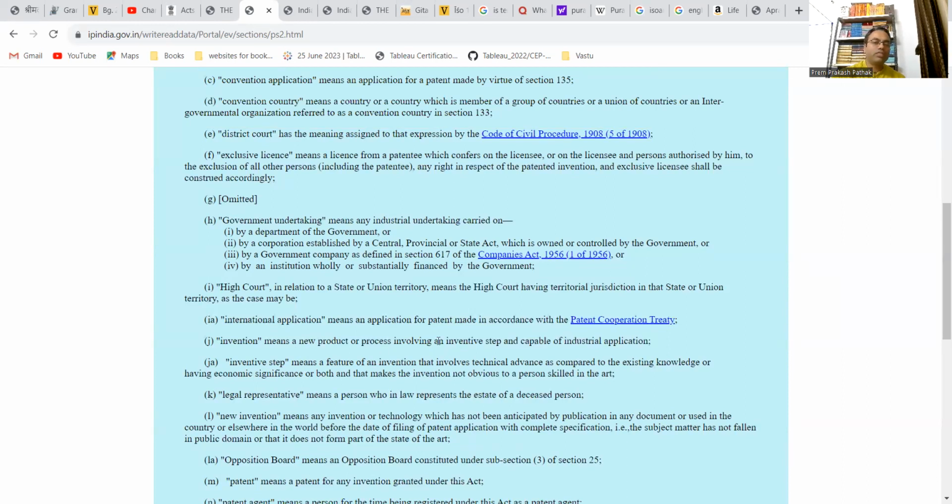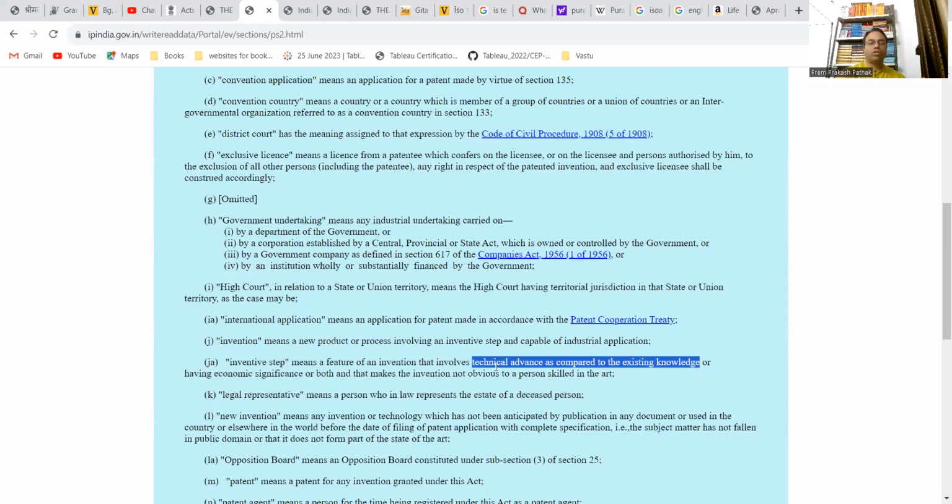And here it mentions inventive step, which is again defined in JA. Inventive step means a feature of an invention that involves technical advance as compared to the existing knowledge. It means to prove that it is an inventive step, we must show that there is a technical advancement.